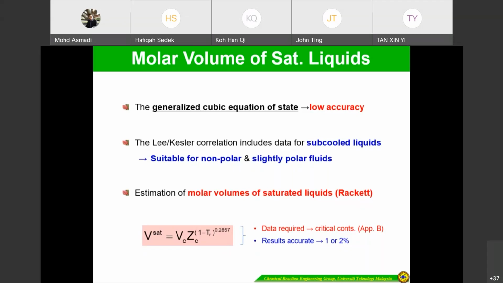You substitute into this, but the most important thing is you have to calculate TR. The accuracy is around 1 to 2% error, meaning it is more accurate if you use this equation for the calculation of volumes. Just substitute.